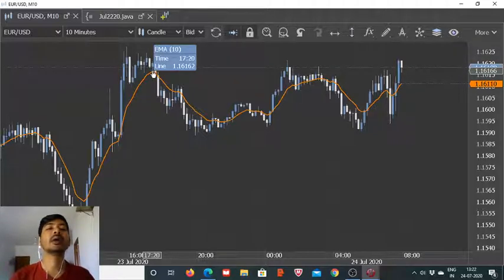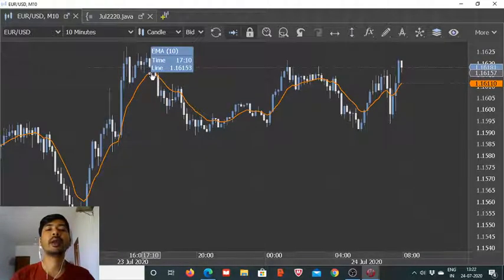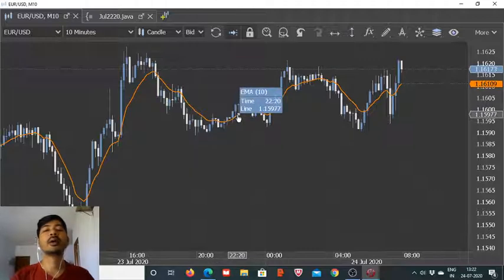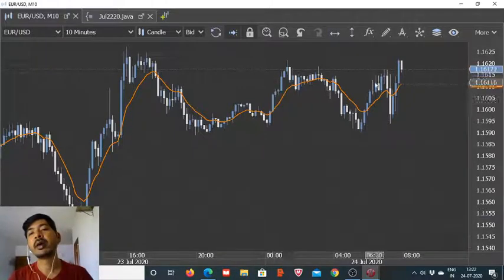Here this is EMA 10, so the last 10 candles are taken into account while doing the calculation for the current EMA value.